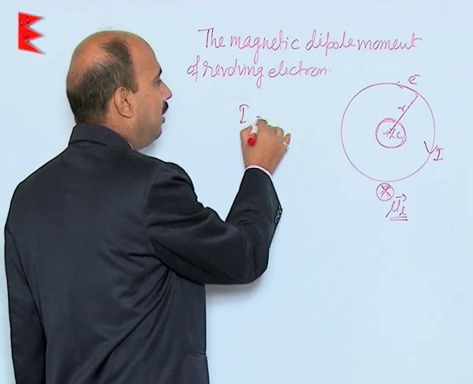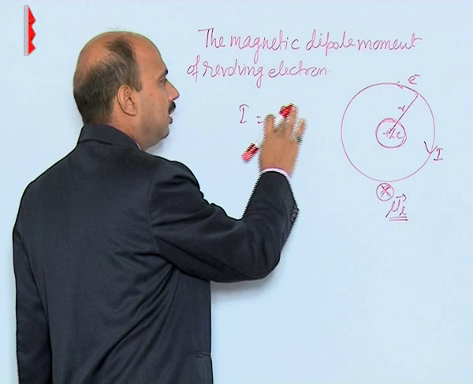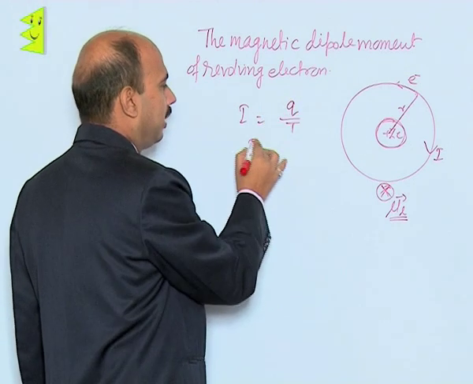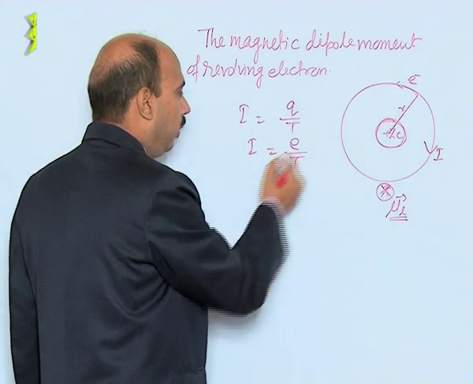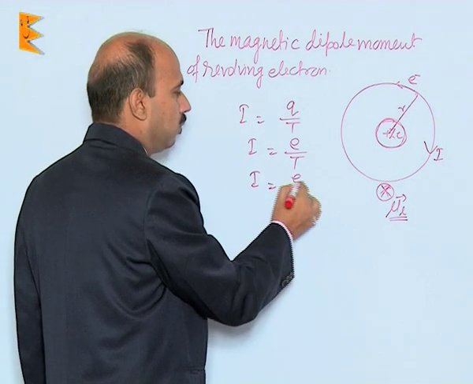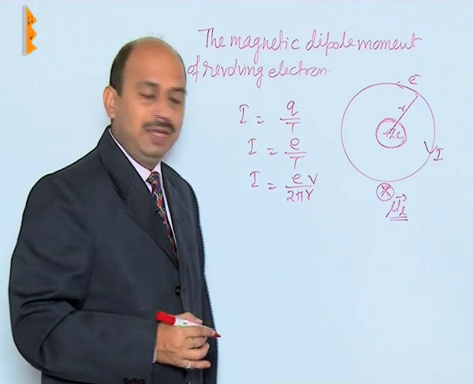We know I is equal to Q upon T, and Q we can write as E, so I is equal to E upon T. The radius we know, so we can write I is equal to E upon 2 pi r by V, where V is the orbital speed.